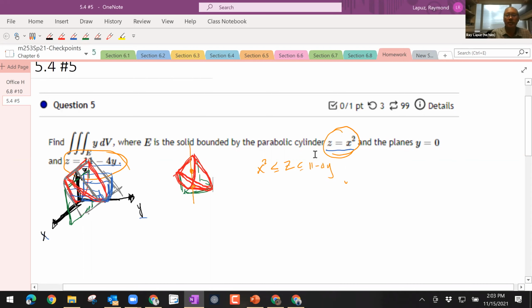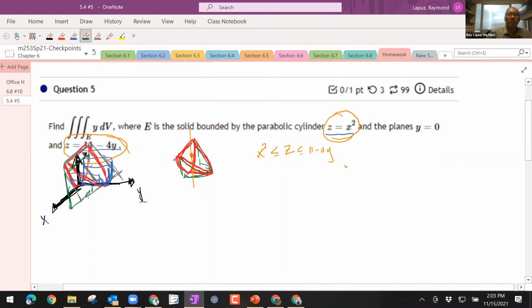Well, the z's already here look like they intersect at this parabolic shape over here. So we have z is equal to x squared, and we have z is equal to 11 minus 4y. So why don't we set them equal to each other and see what we get?